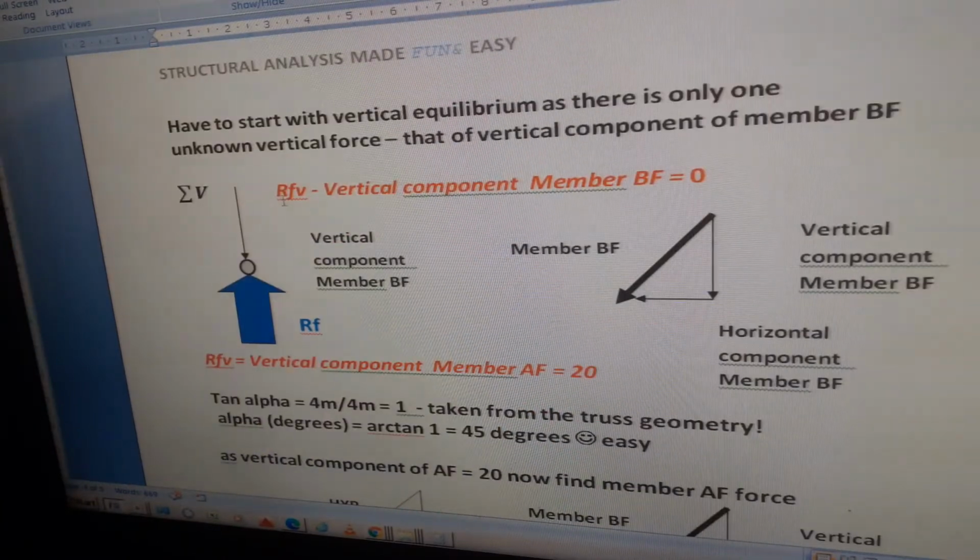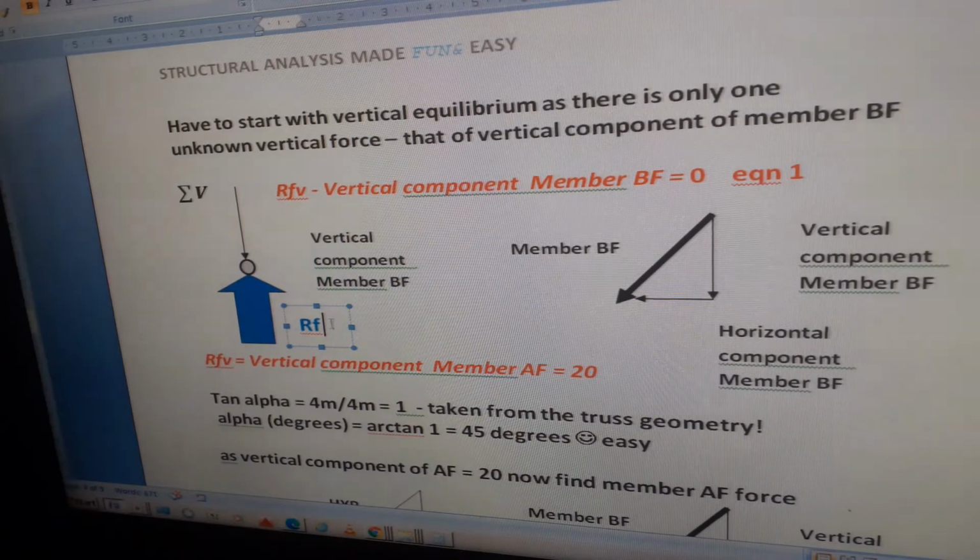If this is equation 1, and you draw it the other way around, then RFV plus the vertical component of member BF equals 0. Then you have RFV equals minus the vertical component of member BF. So RF goes upwards, and you'd still find that the vertical component of member BF goes downwards because it'll be minus RFV. So you'd get there in the end.